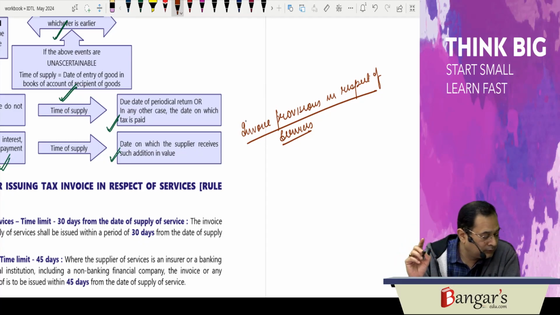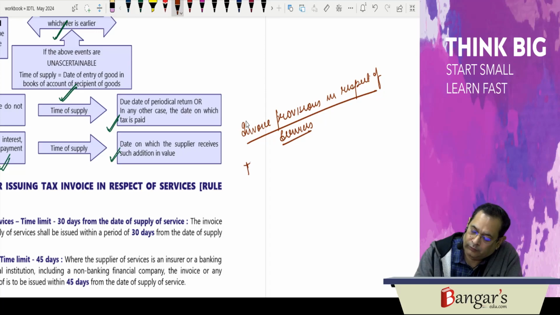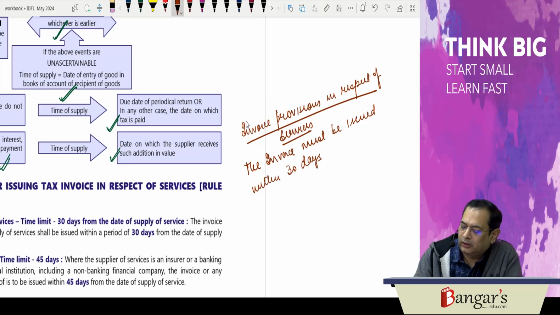Here, the invoice must be issued within 30 days from the date of provision of service, completion of supply of service.